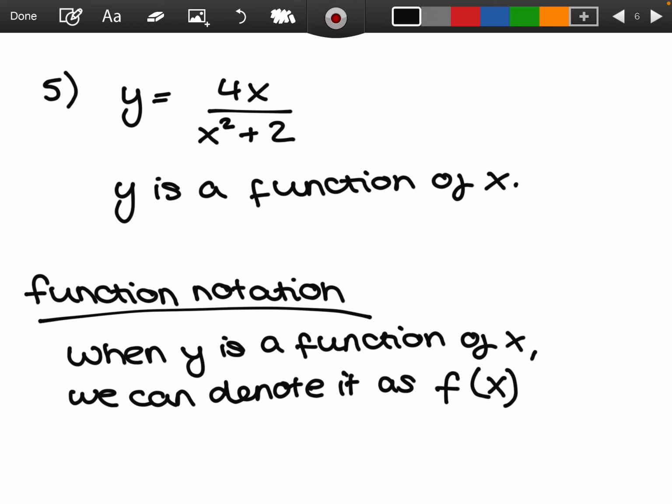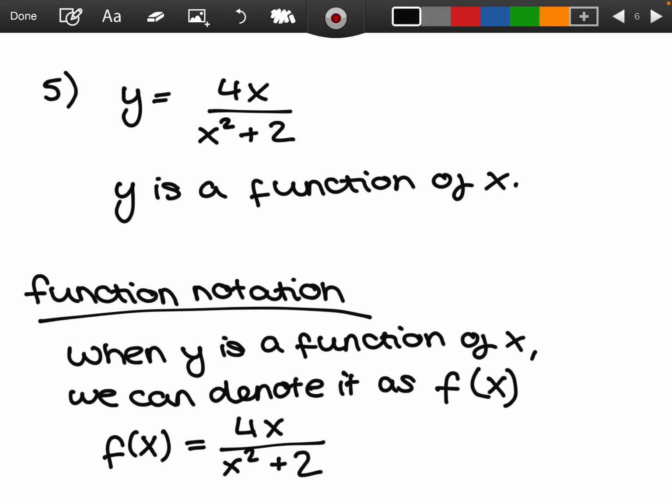Okay, so it's just f with x in parentheses. So for example, for our last example, example 5, I could also write this as that. Okay, I have a function of x.